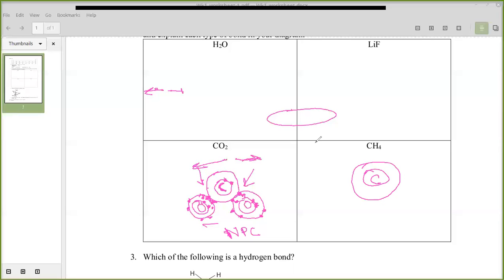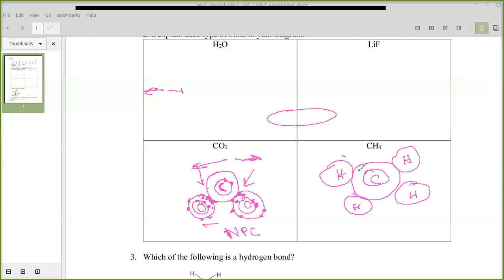And then what do we add on? Where do the hydrogens go? The hydrogens go on the margins, right? So you have hydrogen here, hydrogen here, hydrogen here, hydrogen here.